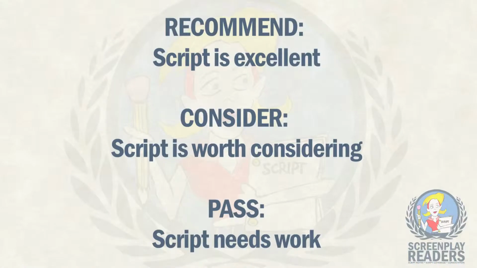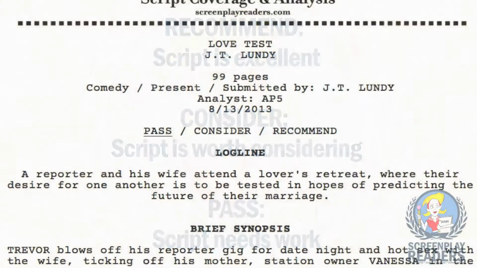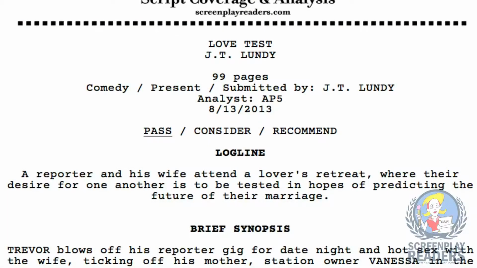Consider means, well, there's some aspects of the script that could use some work, but it's worth a second look. And pass means, well, the script might be all right, but it's probably not worth reading at this point. So those 3 words, pass, consider, recommend, are at the core of what script coverage is. If you don't see those, it's probably not a script coverage.